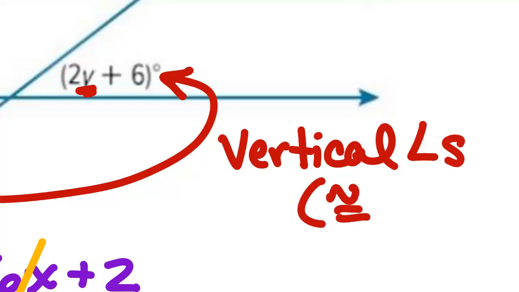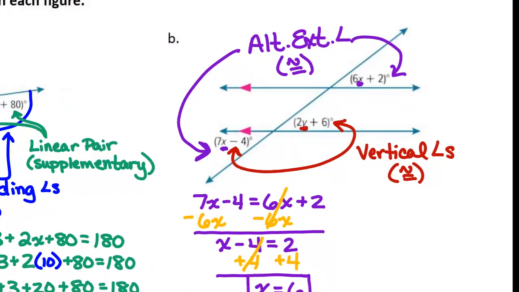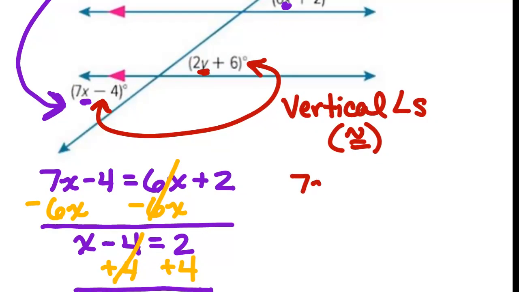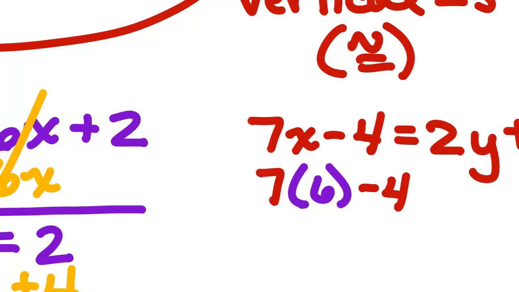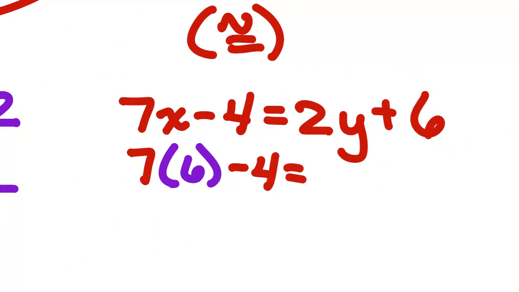So that means I can take them and set them equal. So 7x minus 4 equals 2y plus 6. And we just figured out that x is how big? 6. So 7 times 6 minus 4 equals 2y plus 6.